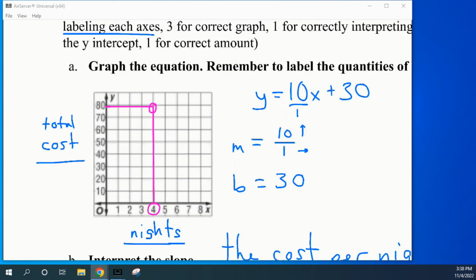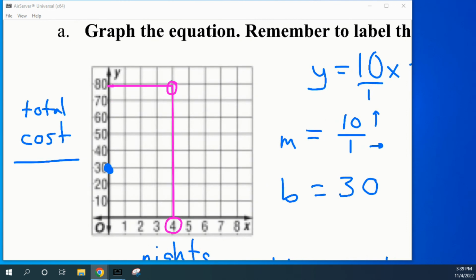If I graph this thing correctly, so that's my y-intercept, up 10 over 1, up 10 over 1. I'm going to go a little bit more here. If I draw this correctly, making sure I go through all of those points, it should hit right here.